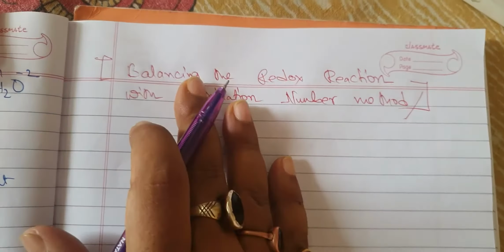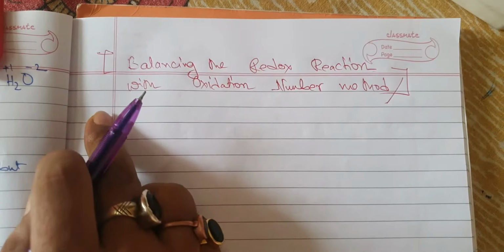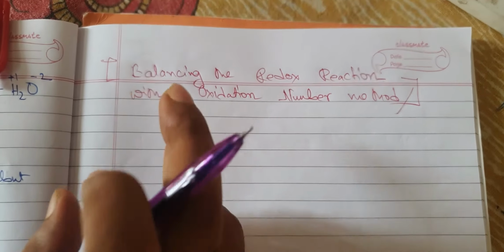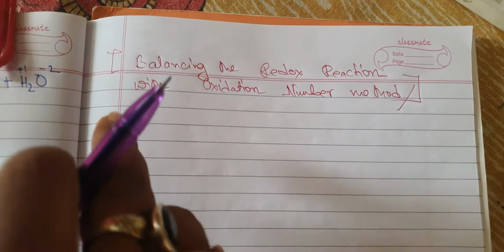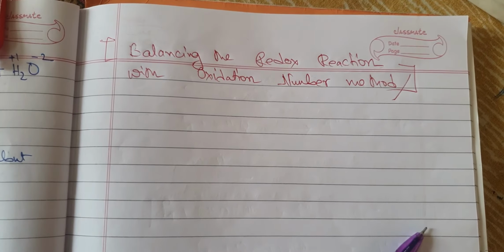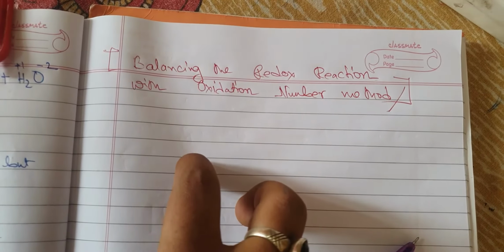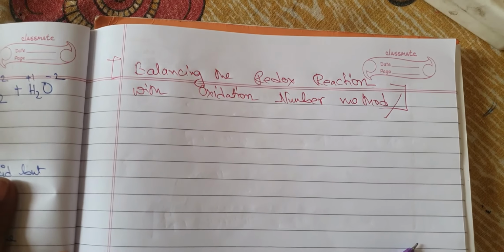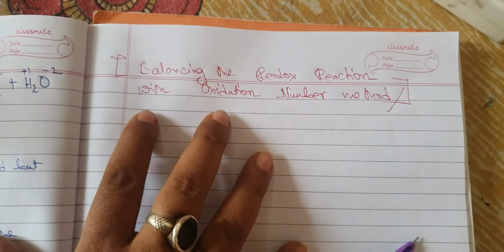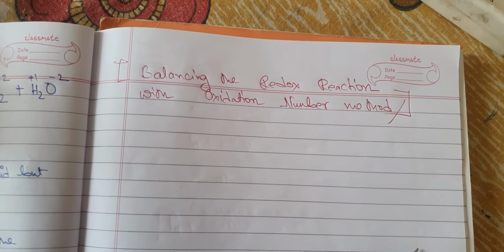See, one rule remains the same. When you are balancing the oxygen, you will balance by adding H2O, and when it is an ionic reaction, you will balance the H plus in acidic medium just the way you did, and in basic medium just the way you did. Then what is the difference? The difference is that you don't have to break it down into half reactions.